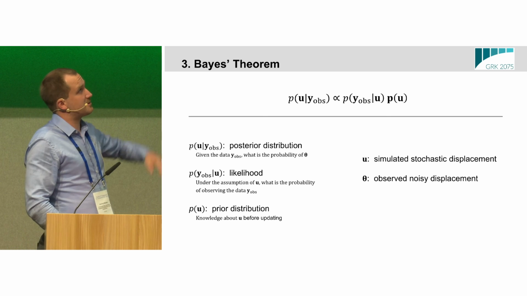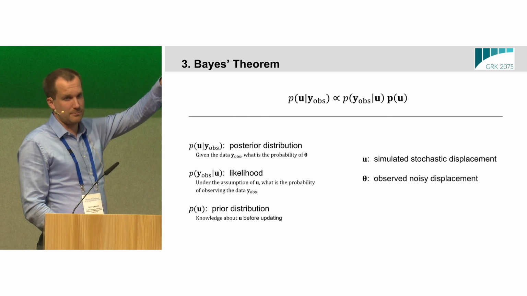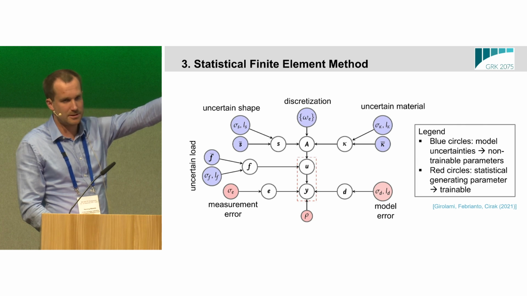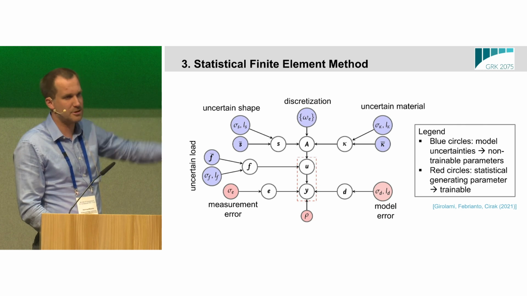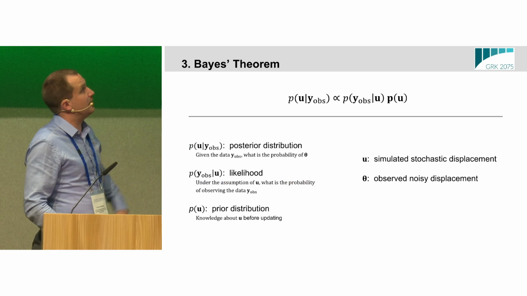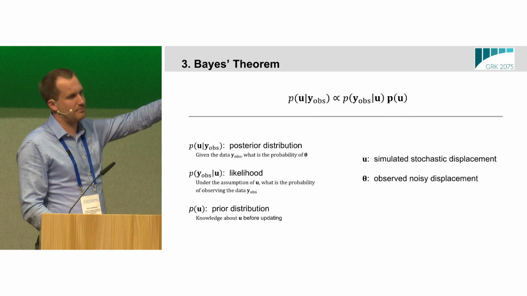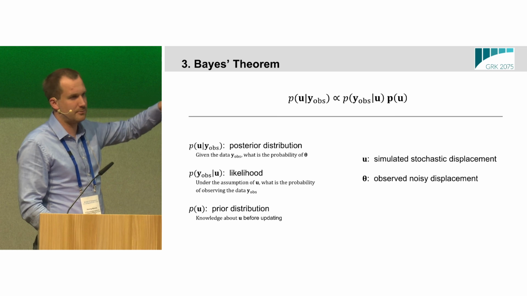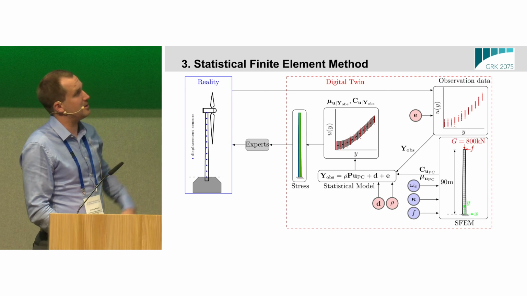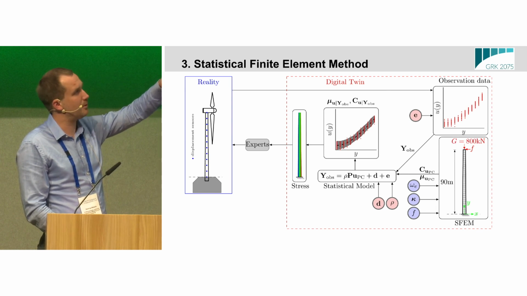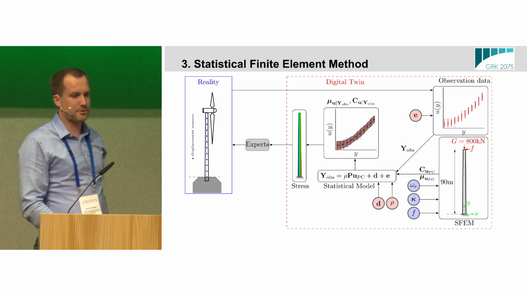And in Bayes' theorem, we then have trainable parameters, these rho, sigma_d and L_d, so these model mismatch parameters. And from Bayes' theorem, we obtain another optimization problem that we solve to identify these parameters. And at the end, we can use these parameters then to update our solution. So this is the concept.